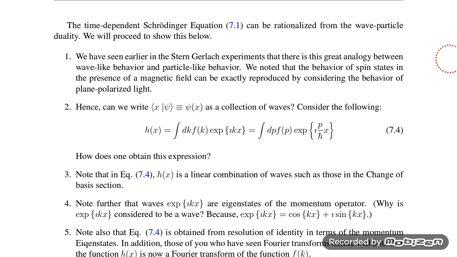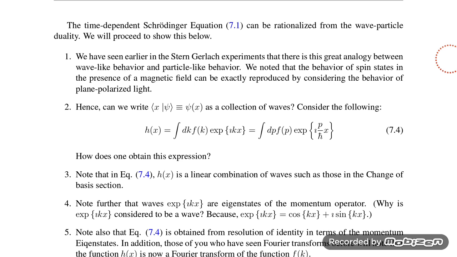Second, we can write the expectation value of x of psi of x as equivalent to psi of x as a collection of waves. Considering the following, H of x is equal to what is shown in the equation. How does one obtain this expression? Note that in the equation, psi of x is a linear combination of waves such as those in the change of basis section.